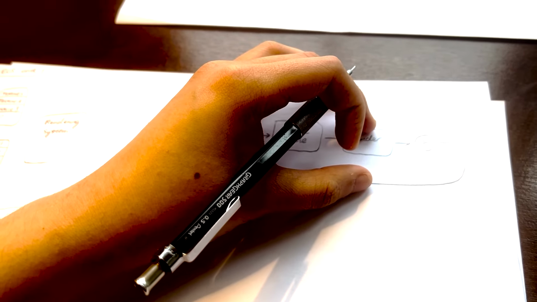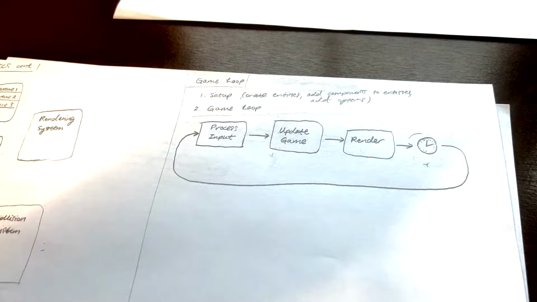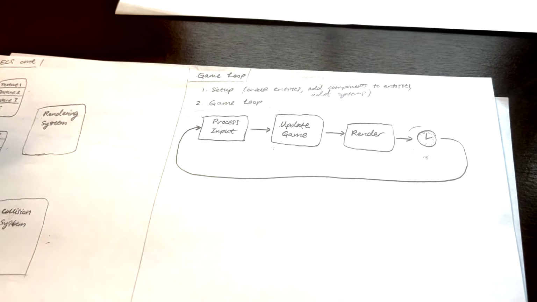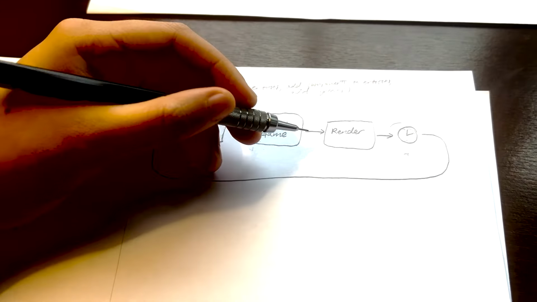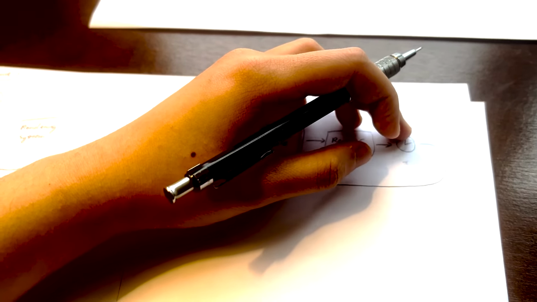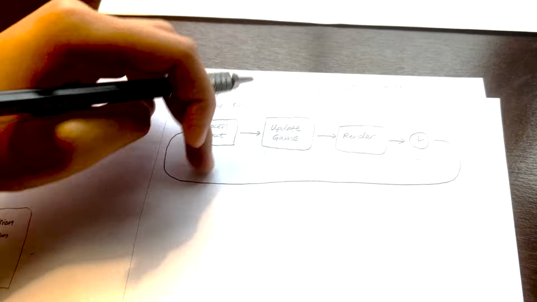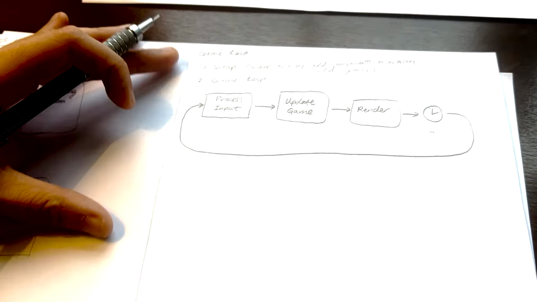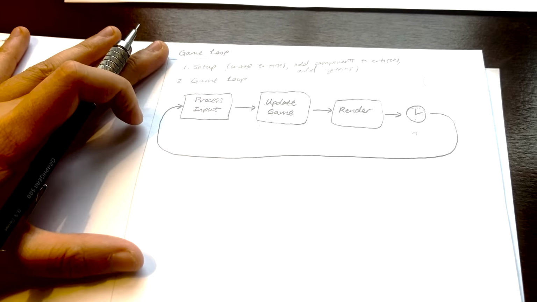And then we move on to rendering, where the changes get rendered on a screen so that the player sees. And then you might have a little bit of delay or synchronization, and then it repeats forever ad infinitum. And that is basically a game loop.